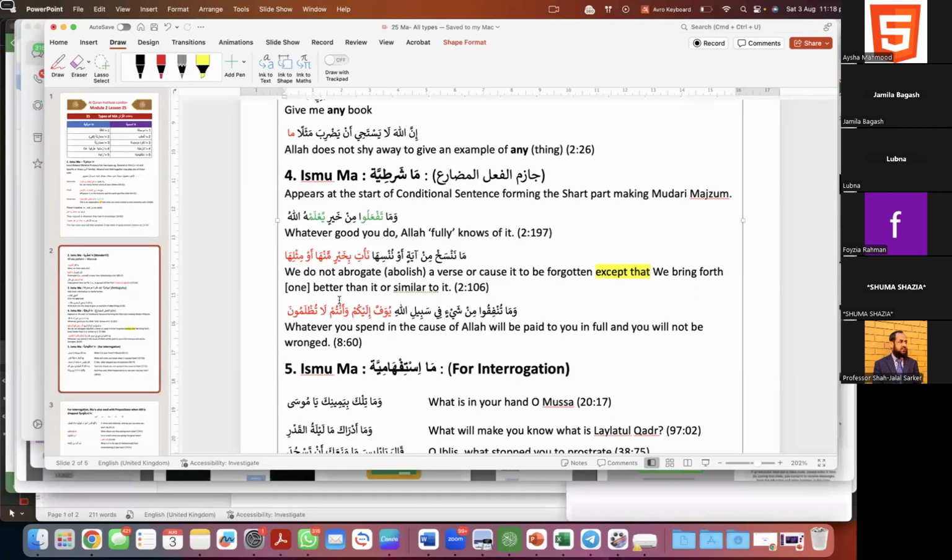Okay, now ma tafalu, they are also marked in green. What are we getting? Try to tell us. Ma is harfe shart. When ma is harfe shart, it is jazim, not lazim, as in man and ma.